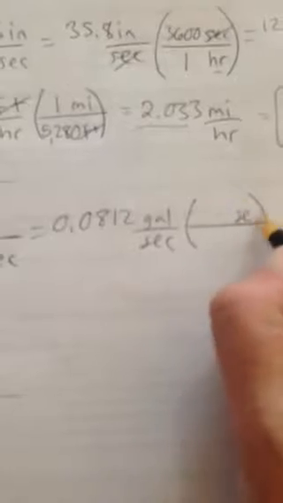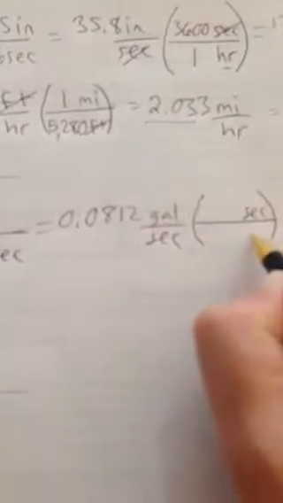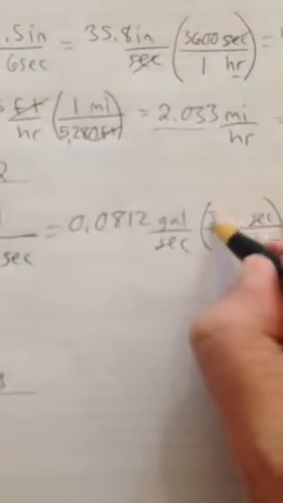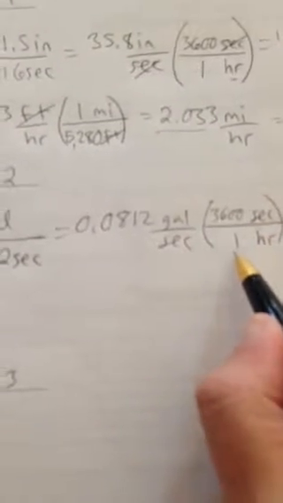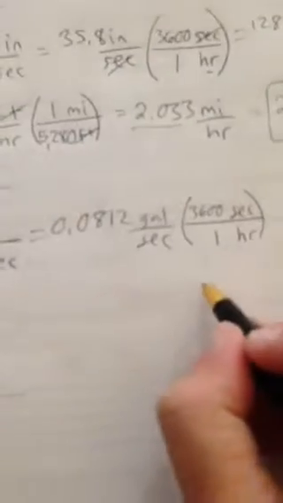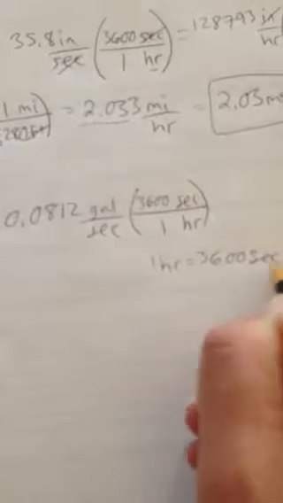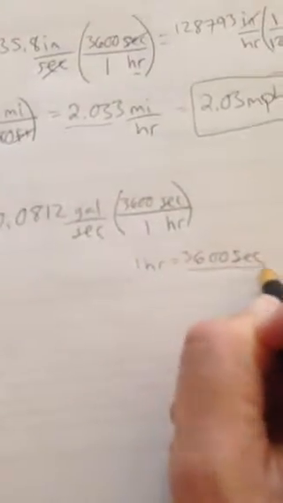We're going to write seconds on the top because we see it on the bottom here, and hours on the bottom because that's where we're going. 3,600 seconds are in an hour. This is our equivalence statement, written as 1 hour is equal to 3,600 seconds. And remember, always one side goes to the top and one side goes to the bottom. This is a great lab for practicing that.